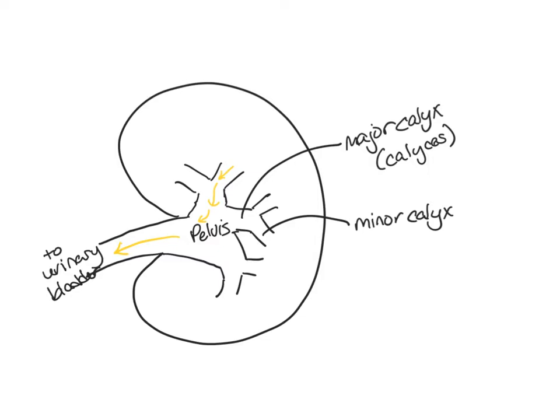At the tip of the minor calyces is a structure called the renal pyramid. Right? So each one of these minor calyces has a renal pyramid right at the beginning of it. So I can draw all of them in, I guess.